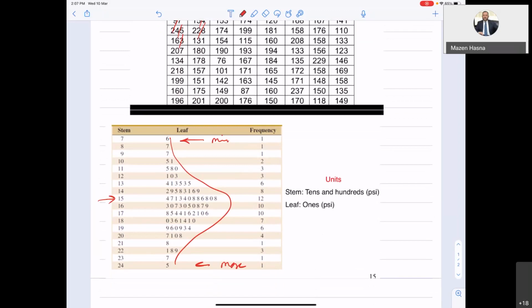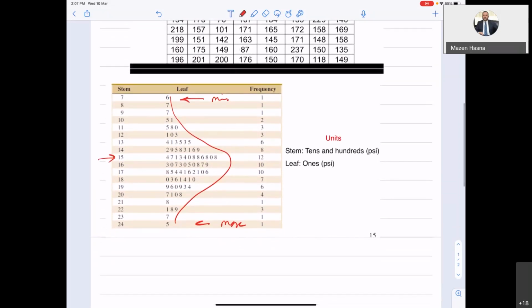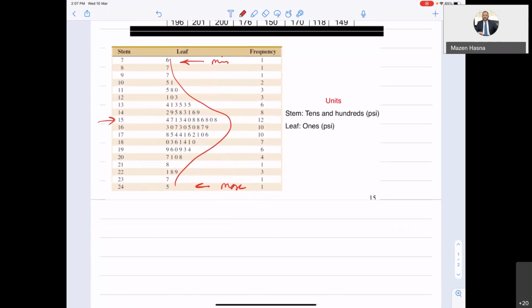You have a few very small numbers, a few very large numbers, and most of the data are in the middle. So a stem and leaf diagram is a way to visualize the data in a very nice way, much better than leaving the data as a table.